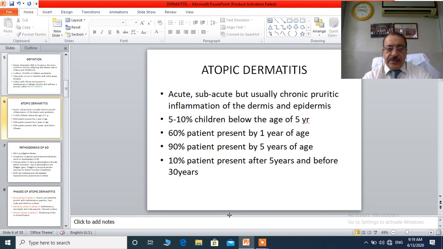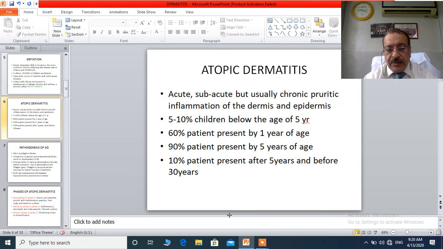Atopic dermatitis may be acute, subacute, or chronic inflammation of the dermis and the epidermis. Most of the children develop atopic dermatitis before the age of 1 year.